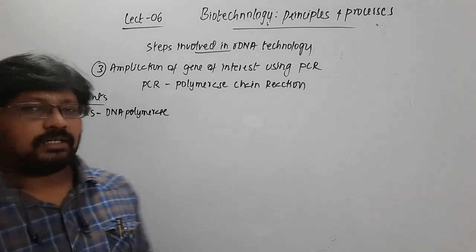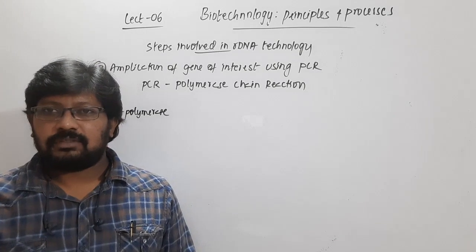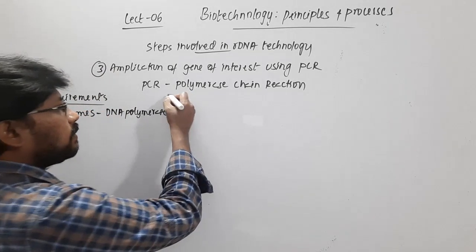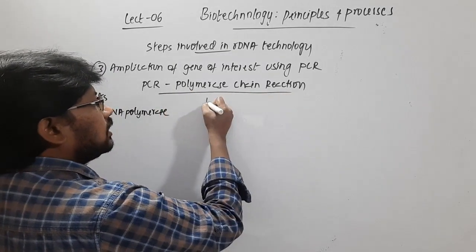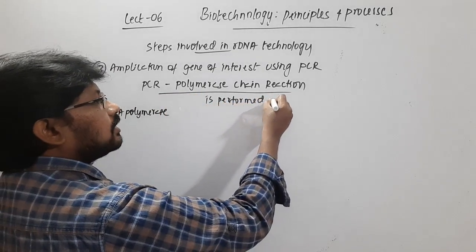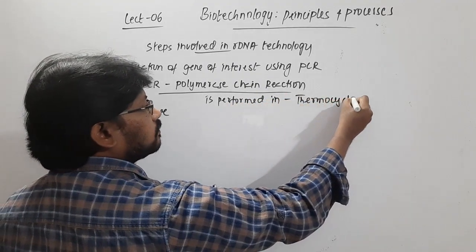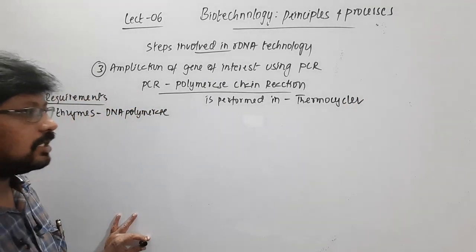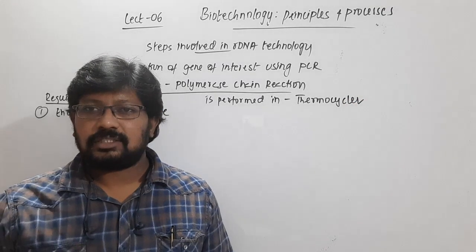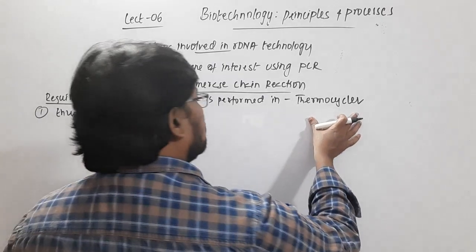But the point is that normal DNA polymerase enzymes will get denatured when the temperatures are raised, because the polymerase chain reaction is performed in a machine called a Thermocycler. This Thermocycler is able to raise and decrease the temperature automatically, so it controls the temperature.